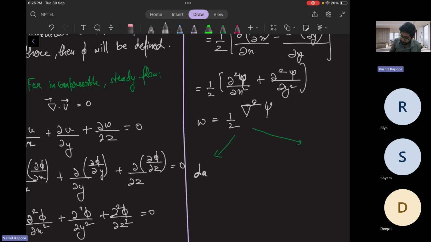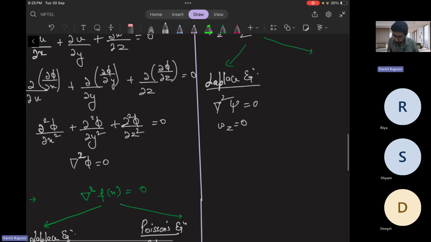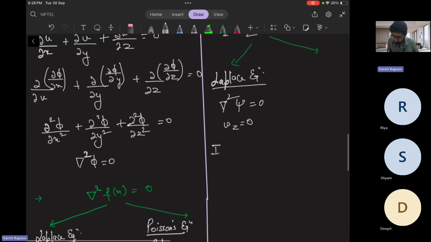The Laplace equation says that dou square of the function, that is psi, is 0. So that means omega in the z direction is 0. Okay. So that means the flow is irrotational.